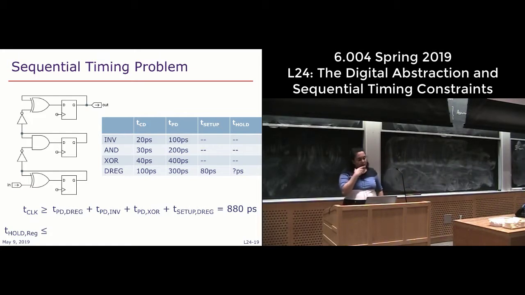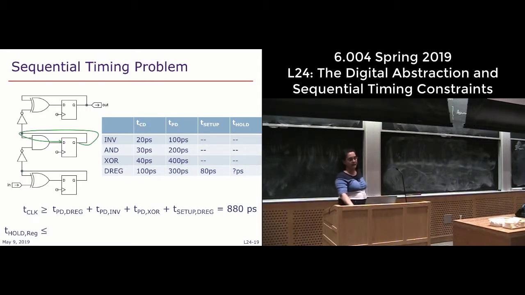And what paths am I going to be looking at when I'm thinking about the sum of the contamination delays? Yep, looking for the shortest path. The shortest path, exactly. Can you tell me which one might be the shortest? The second register going back to itself.